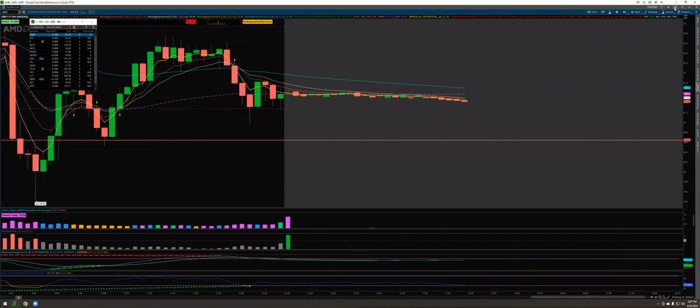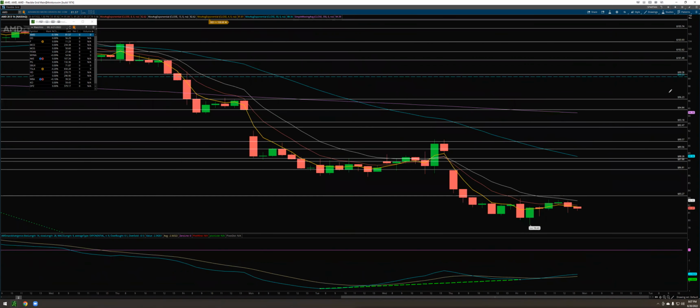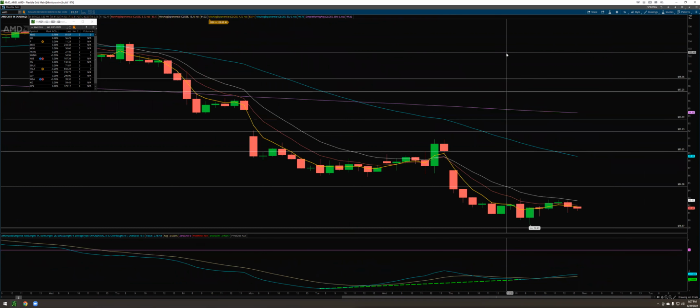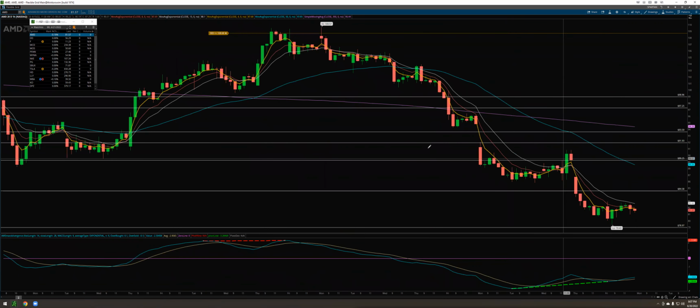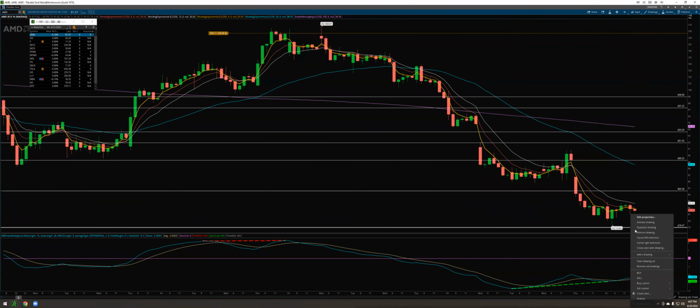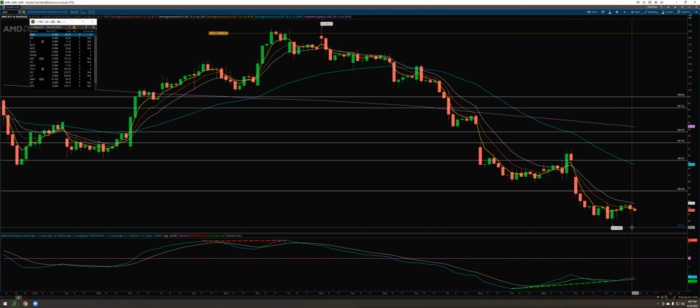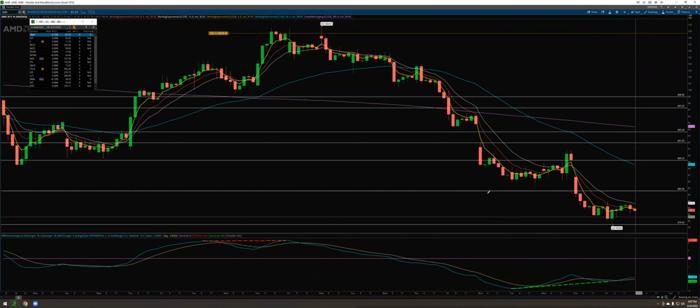Now we're gonna go to the hourly, and we're gonna use the same approach. In the hourly, we can look for more specific peaks and valleys. For example, I have to adjust this one.